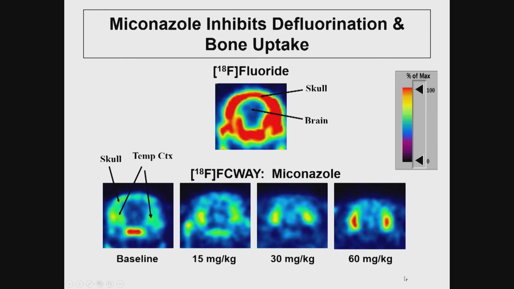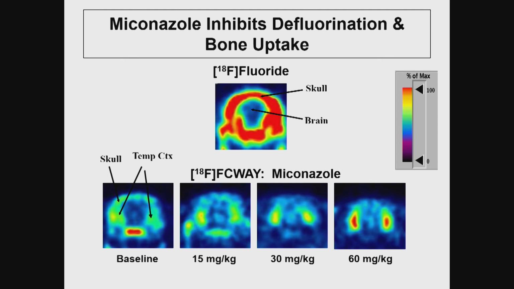But then in these studies, we gave increasing concentrations of miconazole, and it could decrease the uptake into the skull and give you more delivered into the brain. And this is the hippocampus of a rat, which has the highest density of this particular type of serotonin receptor.